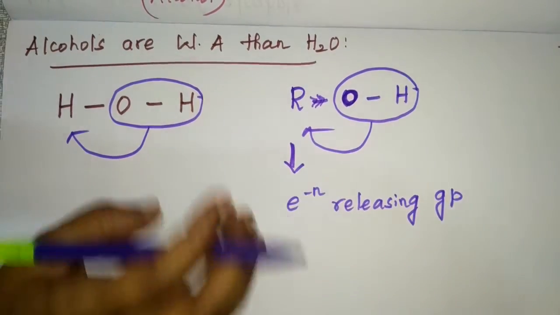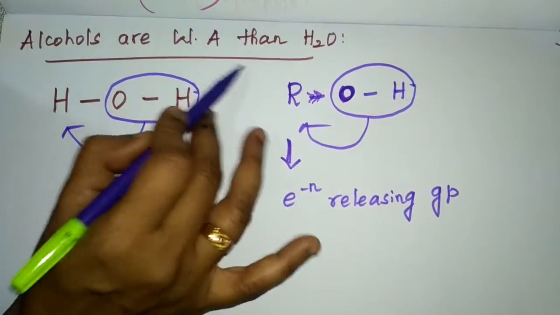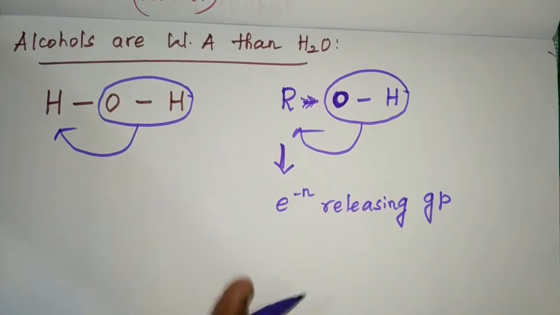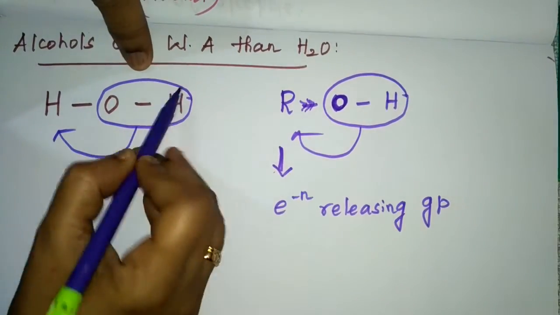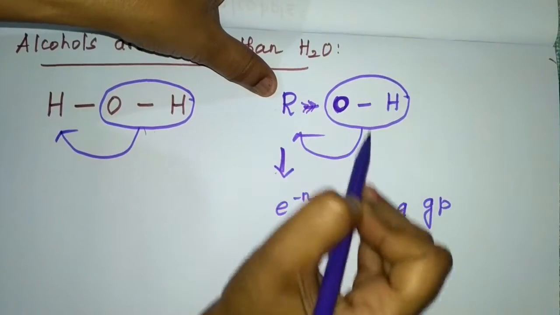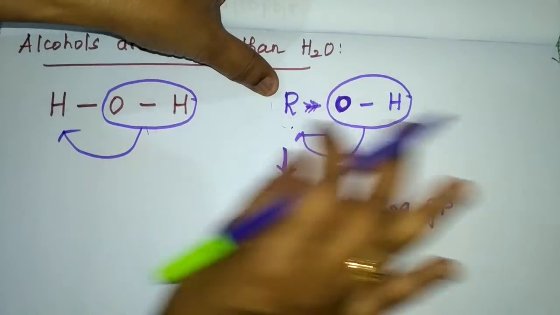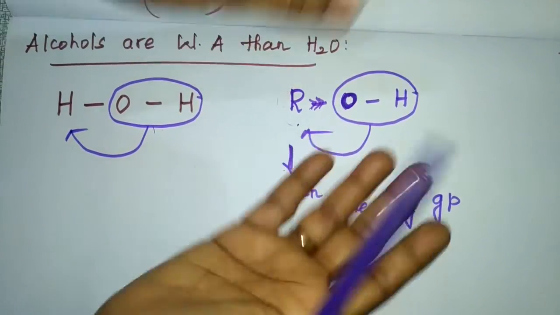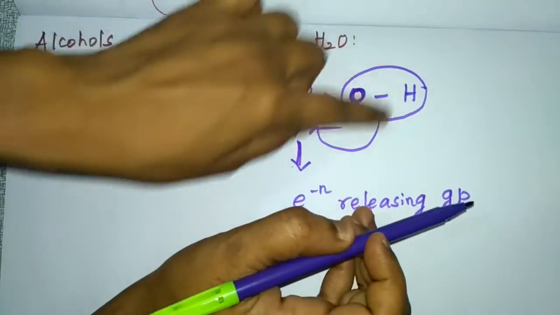Understood? So this is the reason why alcohols behave as a weaker acid than water. What points do you have to give for this? In water, OH is attached to hydrogen. In alcohol, OH is attached to an alkyl group. This alkyl group is an electron releasing group. It will release electrons to this oxygen, so the electron density will be more on this oxygen.